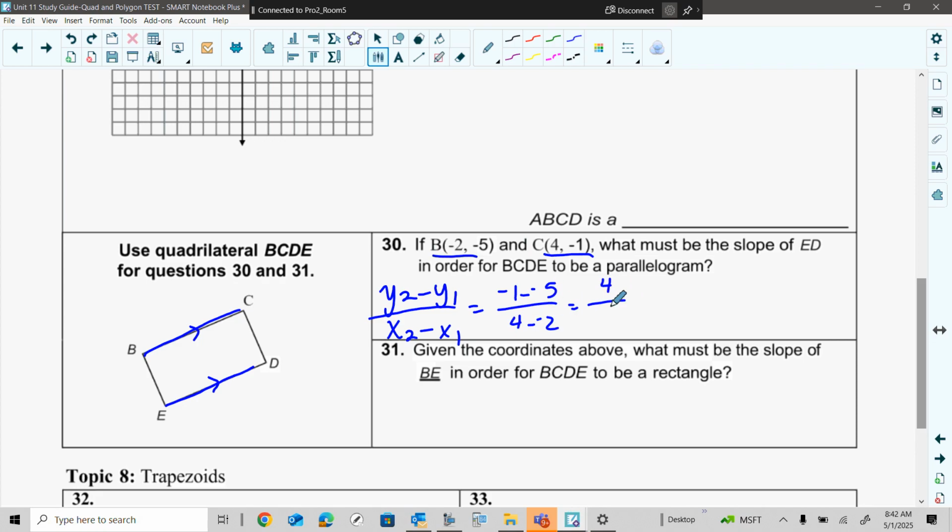So this is 4 over 6, which reduces to 2/3. So ED would have to be also 2/3. If it's a parallelogram, it has to have the same slope.